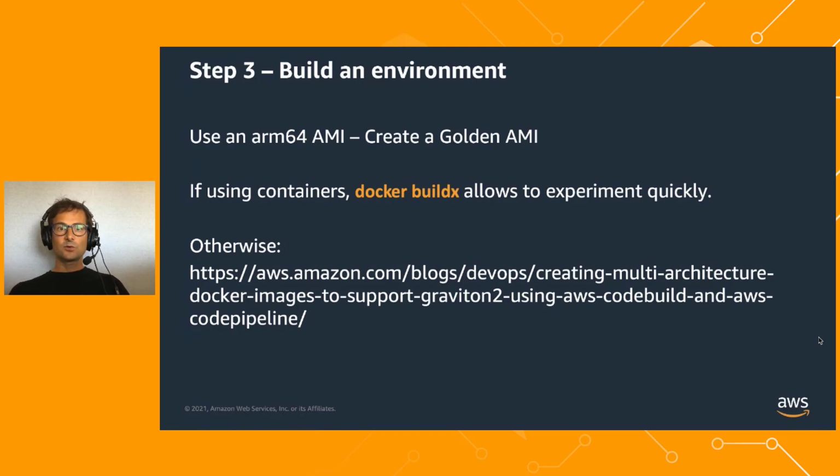T4G instances are a good choice for that, as there's a free trial until the end of the year for those instances. So you can use them to experiment to create a golden AMI that would contain all your dependencies and allow you to get started with bootstrapping your application.